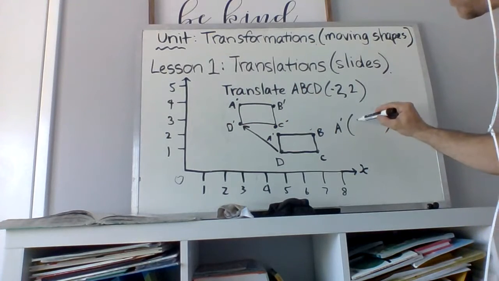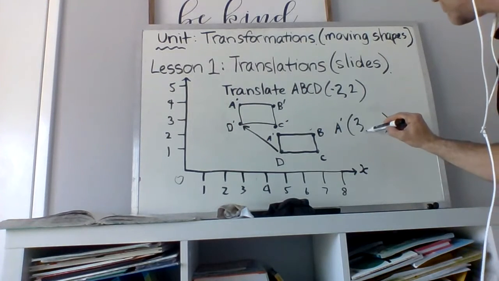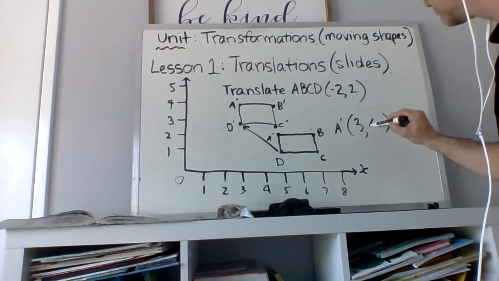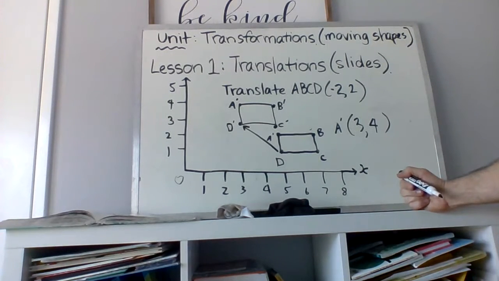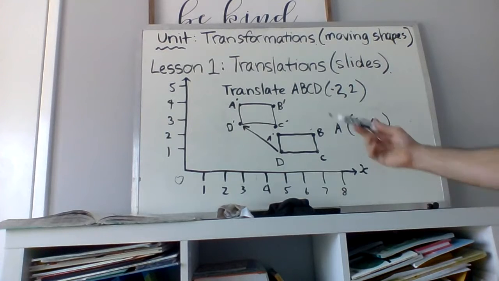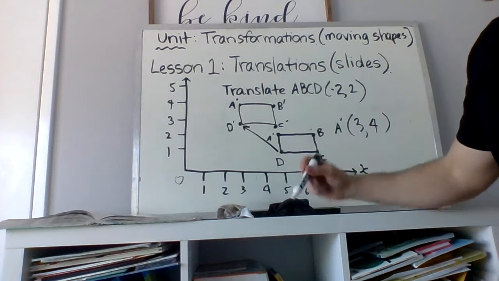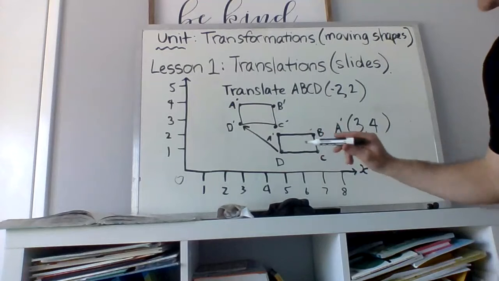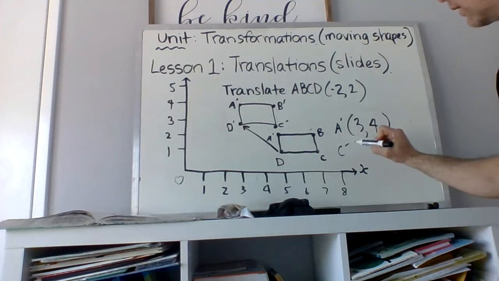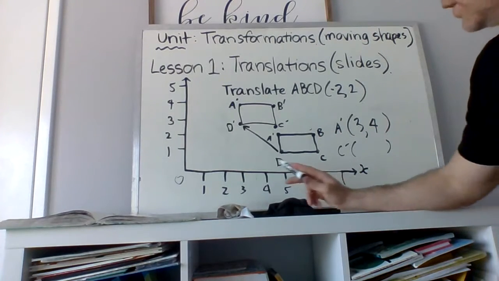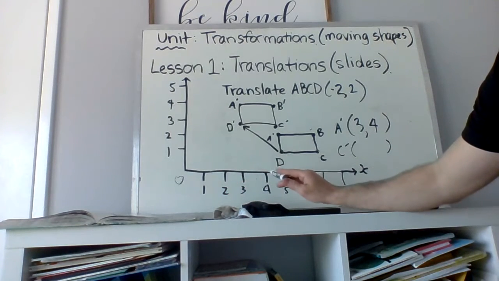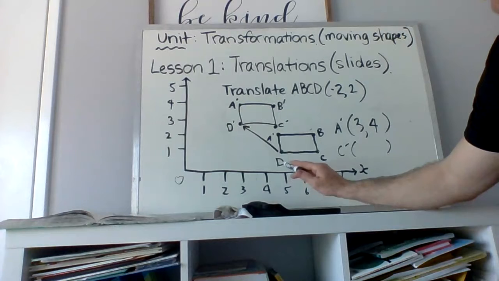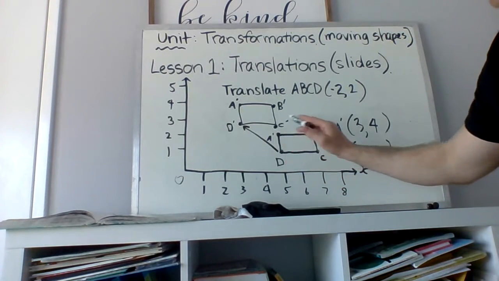So the new location for our translated image A would be (3, 4). If I asked you for the new translated location of C, same thing: you start at 0. We're going here, 1, 2, 3, 4, 5, and up 1, 2, 3.